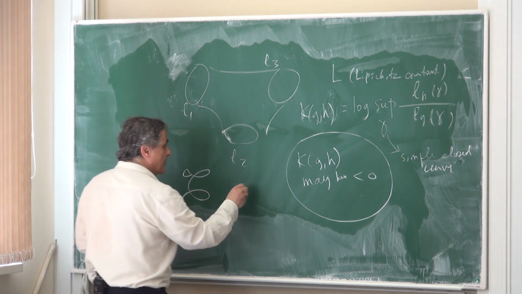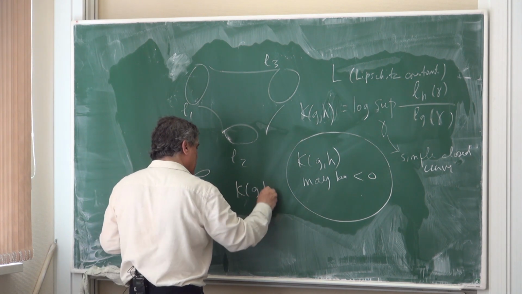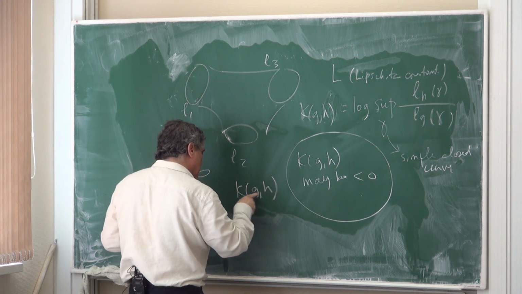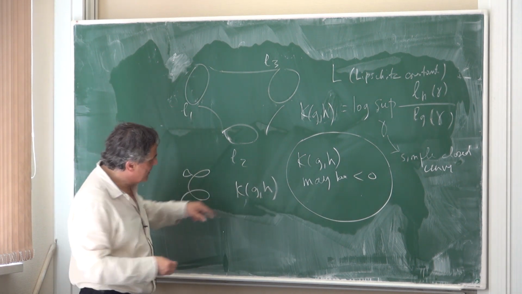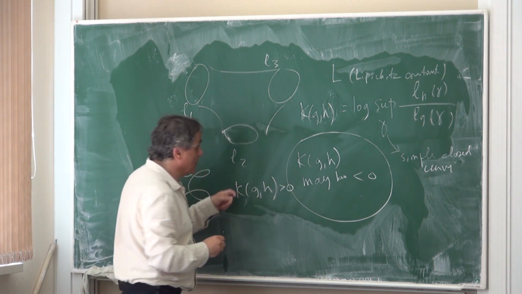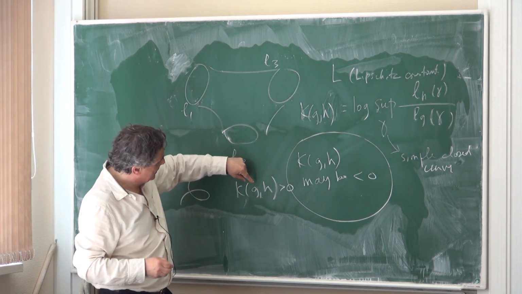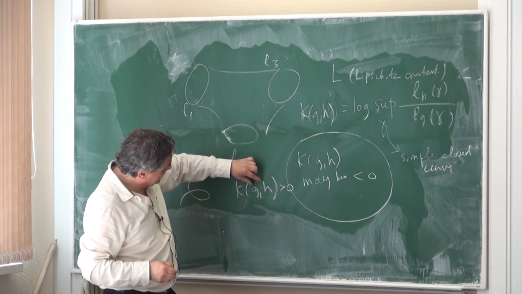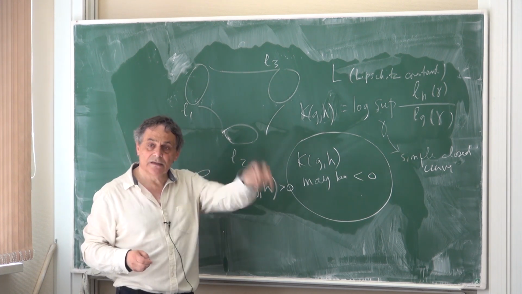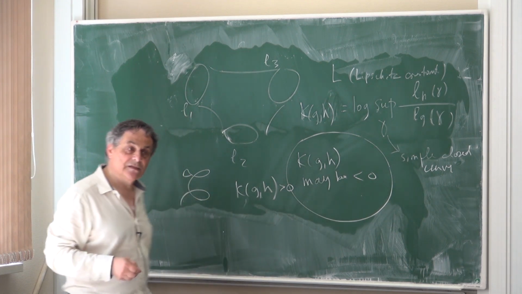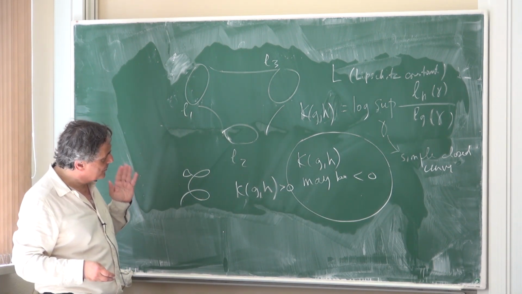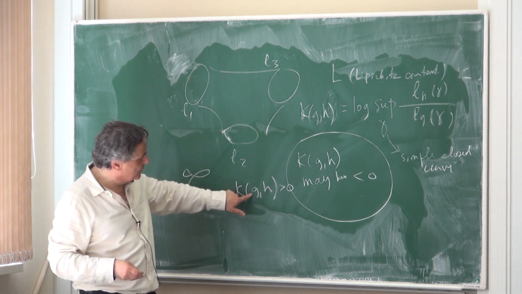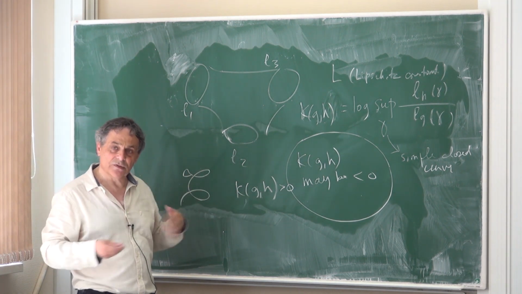Remember that K of GH depends on the order of G and H. When this distance is positive, for this formula here, it means that H is a point which I can attain by a geodesic from G. So I have a notion of future: H is in the future of G. I have a new structure.